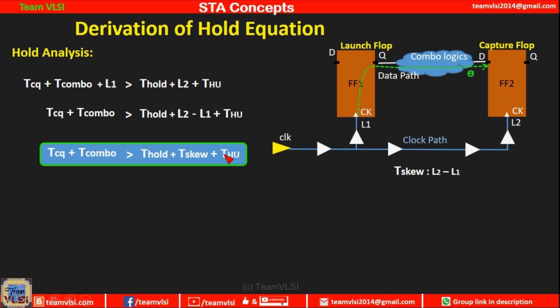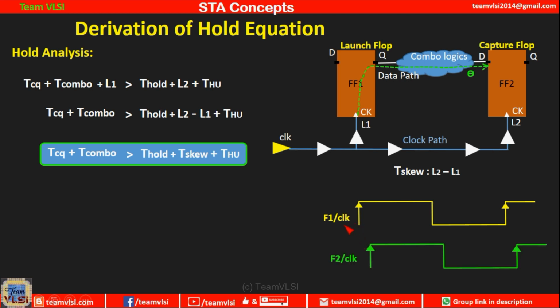Okay, so we have seen here that the setup analysis is done by default on the next edge of the arriving clock, that is one clock period, but hold analysis is performed on the same clock edge, right? That's the important thing.